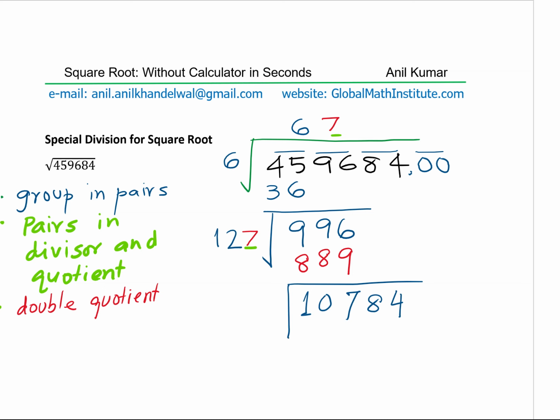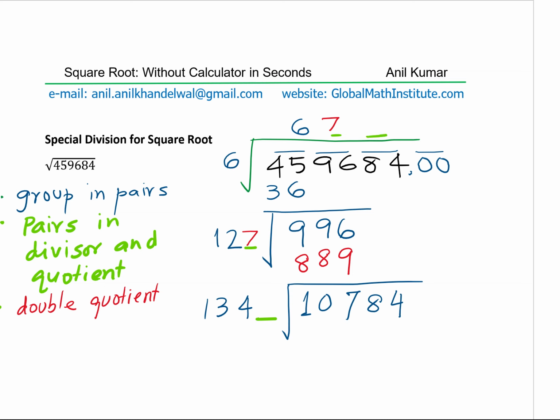And once again, we'll try our division, but we have to now double 67. 2 times 7 is 14, 4, 1. 6 times 2 is 12, and 1 is 13. So we get 134. Now once again, we'll try to find a number which has to be the same in these two places.